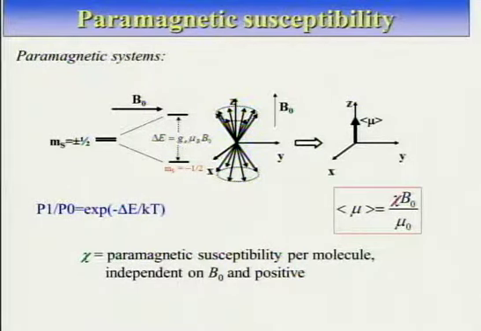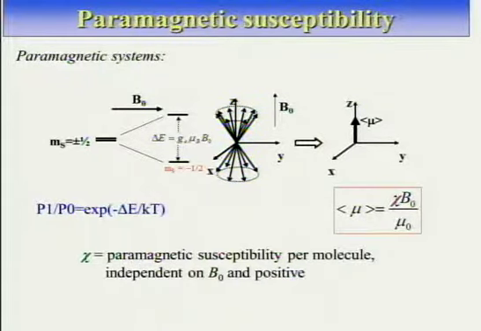That's actually the parameter, this chi value here, the paramagnetic susceptibility per molecule, that gives you the proportionality between the electron magnetic moment and the applied magnetic field.